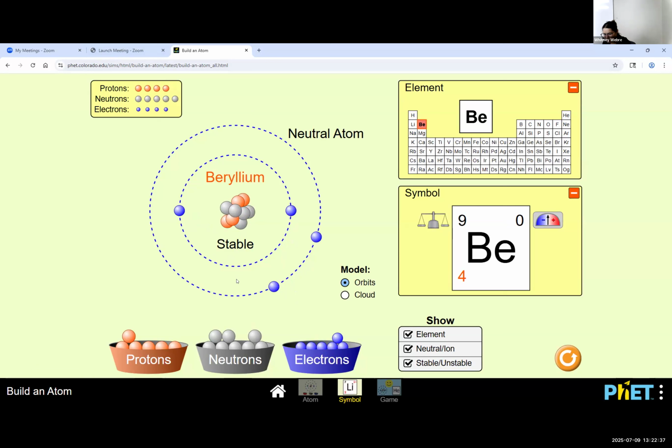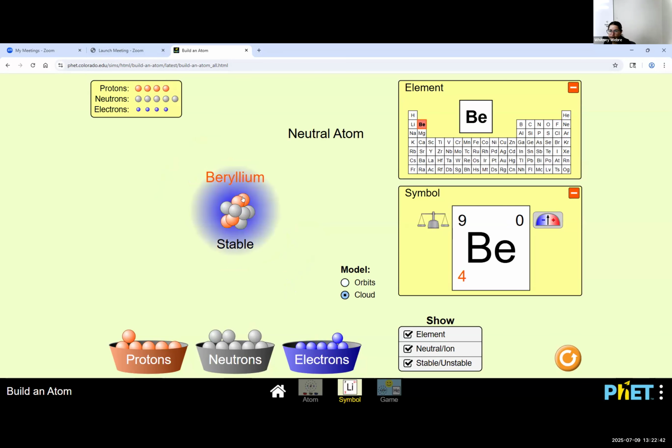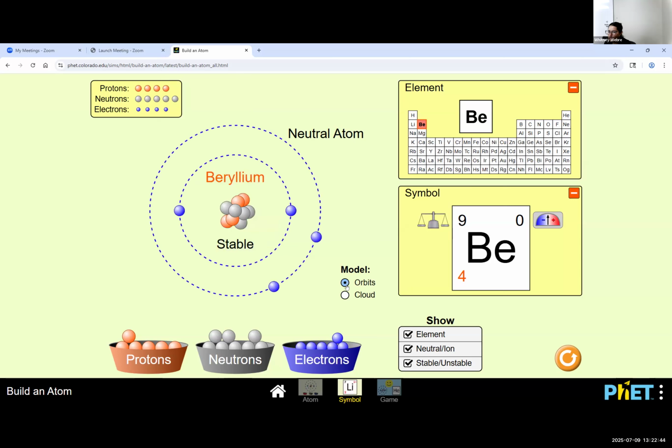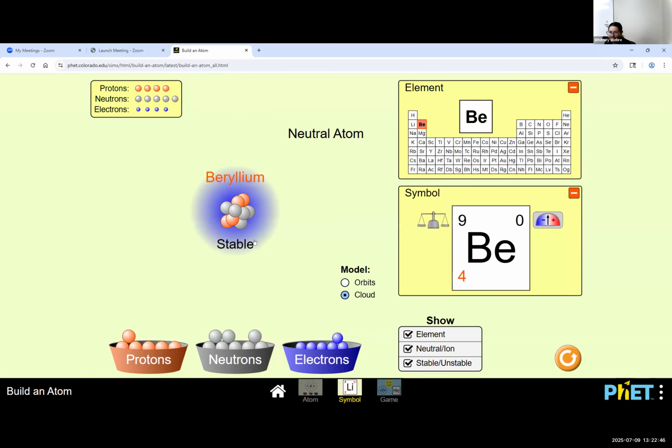I'm going to ignore the orbits right now. Let's just switch to clouds. So it's neutral right now. See this charge. If I take this out, ooh, beryllium. What charge does beryllium have if it was an ion? So look at the periodic table of elements. What column is it in?